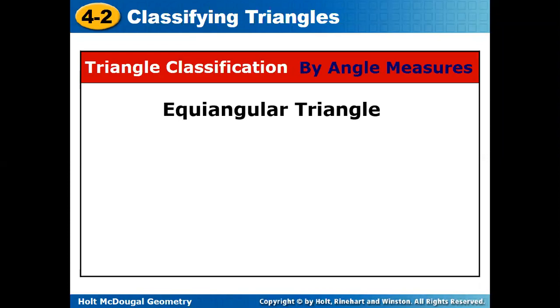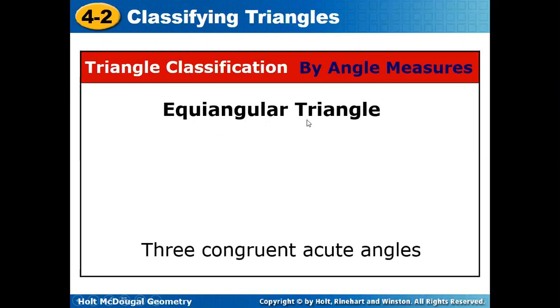The second type is equiangular triangle. And this part, equi, comes from equality. So equiangular triangle is a triangle that has three congruent acute angles.